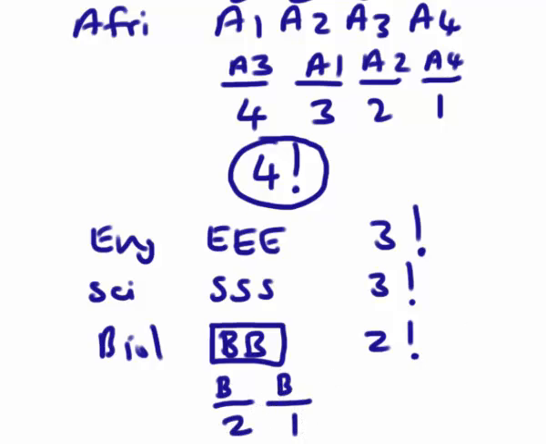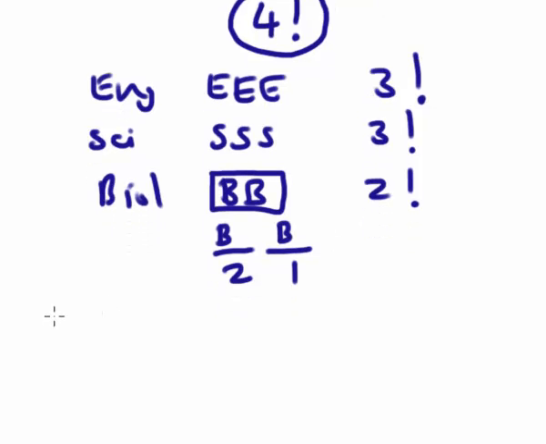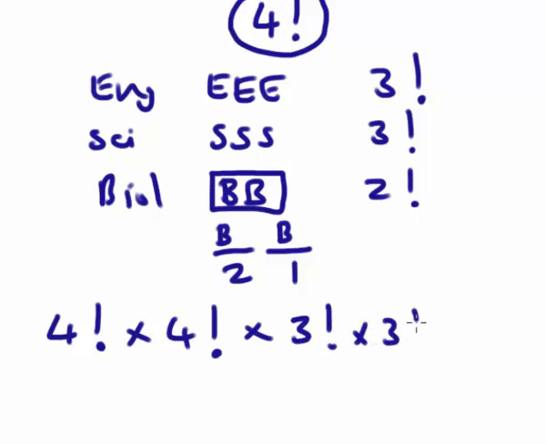Okay, so according to the counting principle, the way that the objects can be arranged together is 4 factorial. The Afrikaans they can be arranged relative to each other, 4 factorial. The English is going to be 3 factorial, the science 3 factorial, and the biology 2 factorial. So let's just check that again.